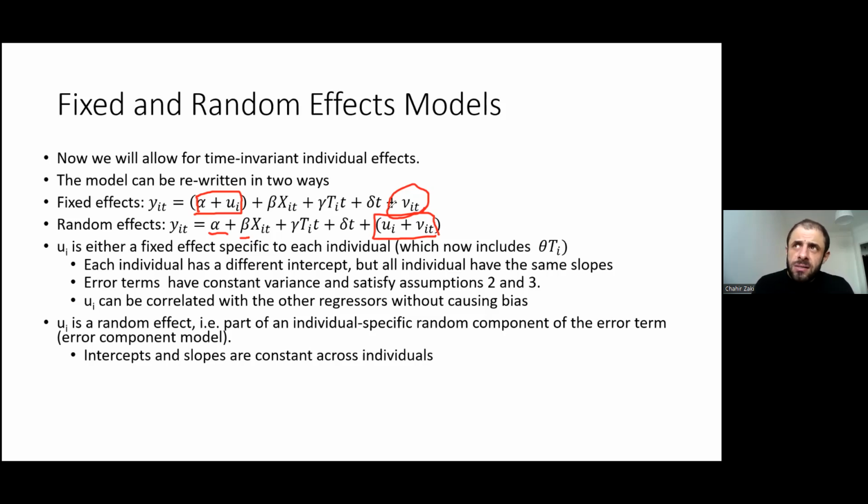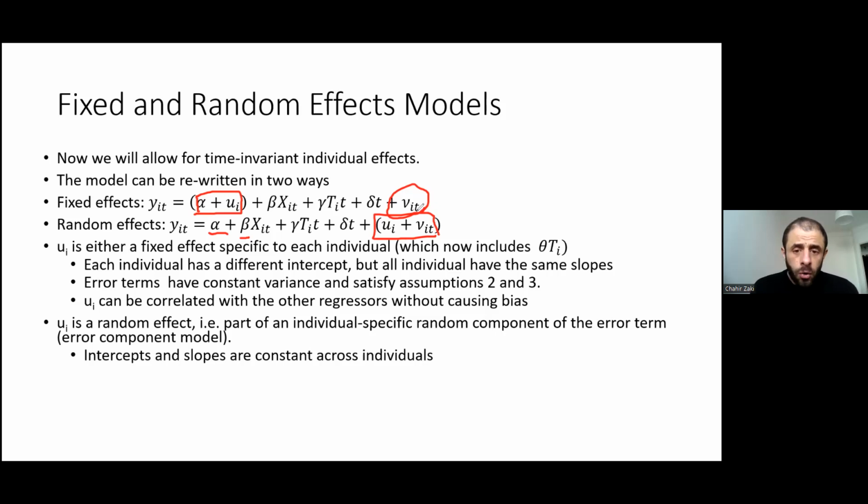and I will relate this to the orthogonality, if I do not include the u_i here, the error term just includes the nu_it. So if the nu_it, which is the small v, satisfies the normal conditions, that we have homoscedasticity and that the expected value of the error term is 0, in this case, as long as the individual effect is not part of the error term, this means that there is no omitted variable bias.